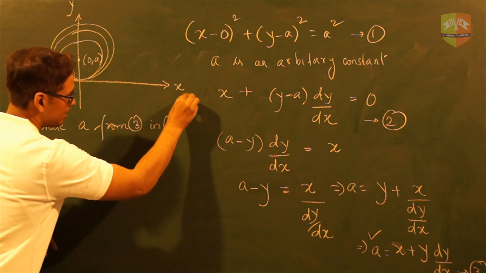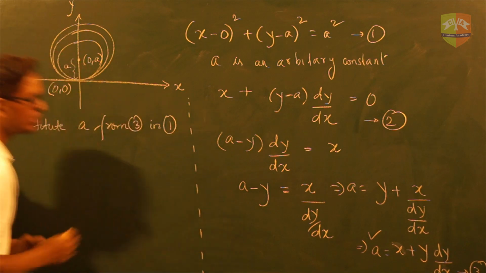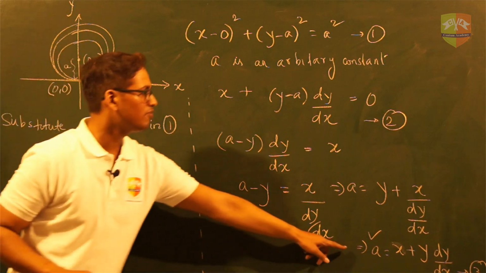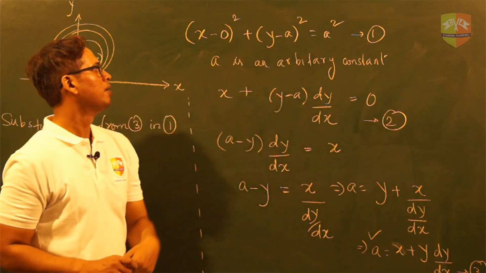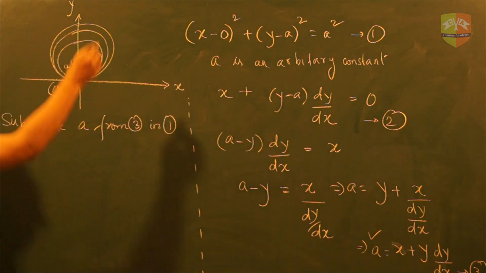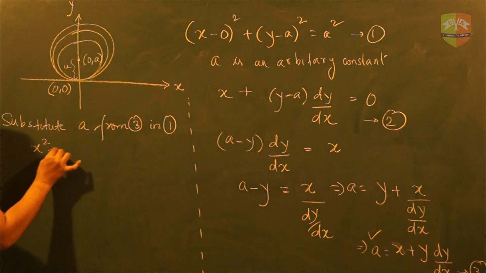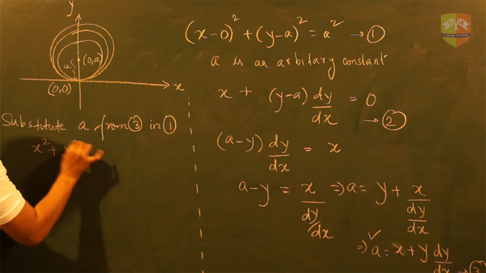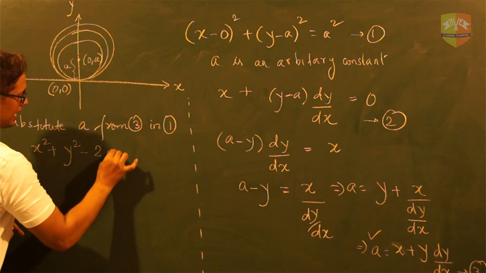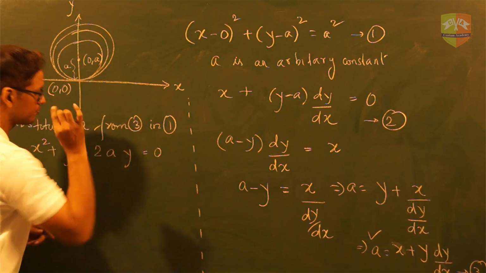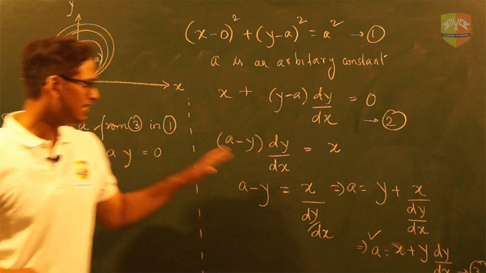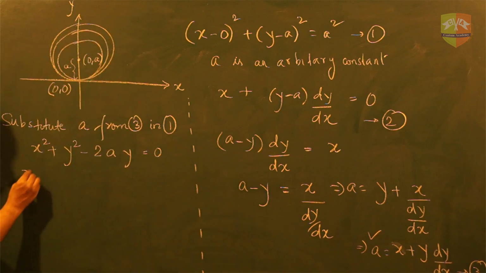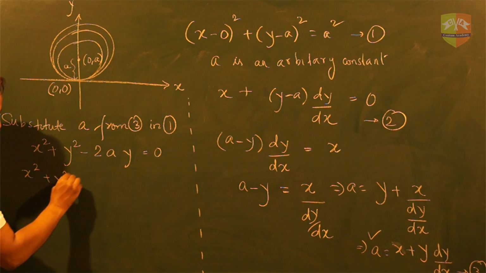But before that, let us simplify it. If I simplify it, I'll get x square plus y square minus 2ay equal to 0. Having done this, let's substitute the value of a.